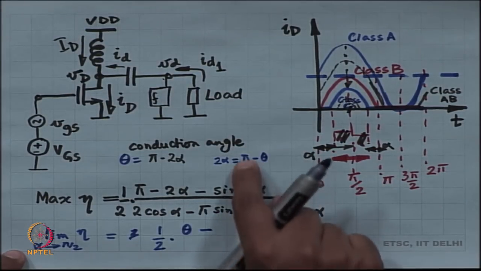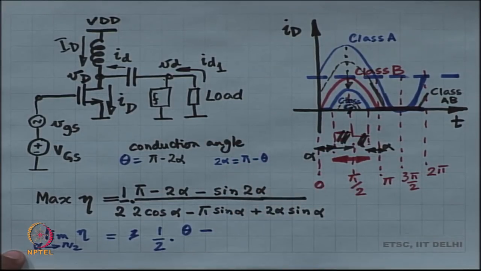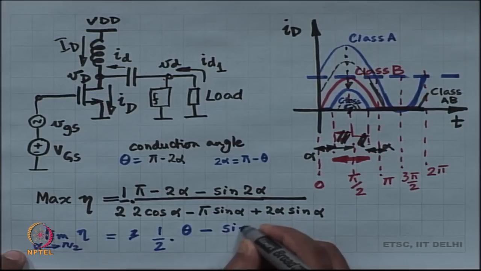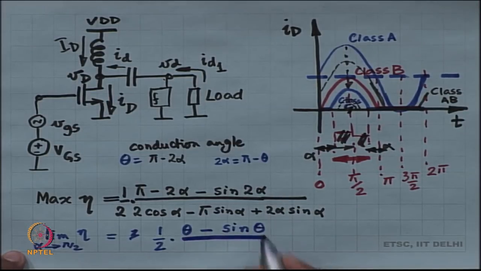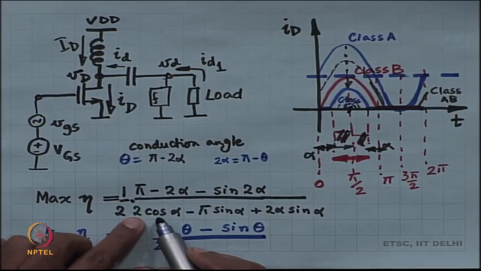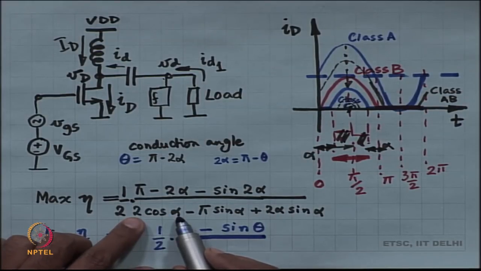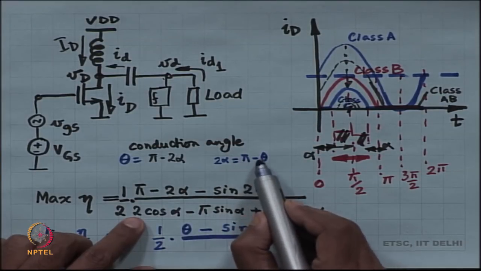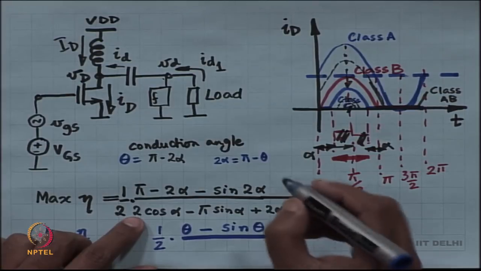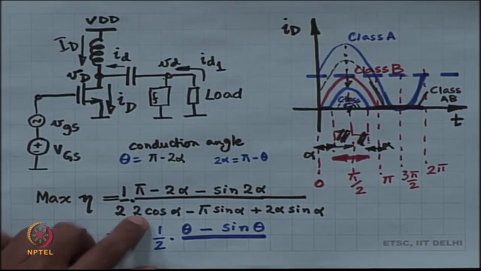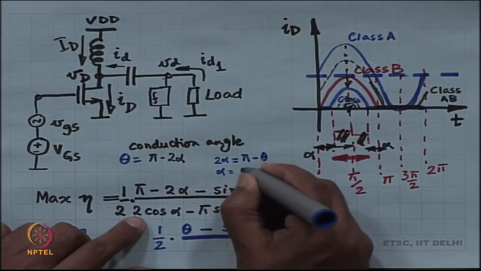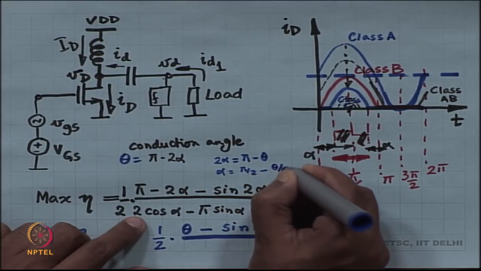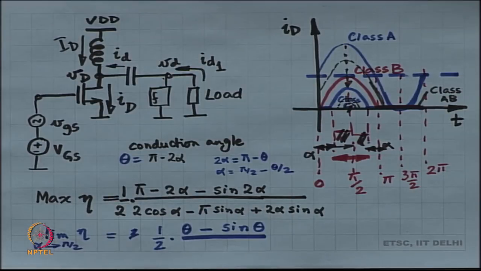So, sin 2 alpha is sin of pi minus theta, sin of pi minus theta is equal to sin of theta. Two times cos of alpha, 2 alpha is pi minus theta. So, alpha is pi minus theta by 2, or rather pi by 2 minus theta by 2. Okay. So, cos of pi by 2 minus theta by 2 is just sin of theta by 2.